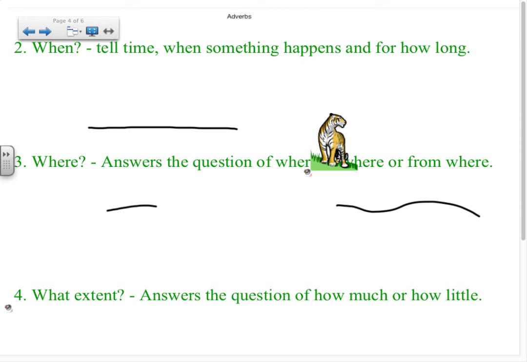Doesn't seem like it's going to quit anytime soon. That was a lot longer than I thought it would be. So adverbs will answer that. If you're using adjectives and adverbs in your writing, you're going to be very successful in pleasing your reader, making them feel like they were there.